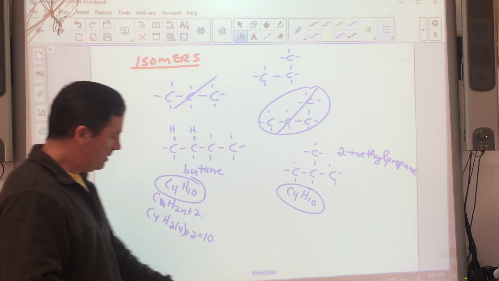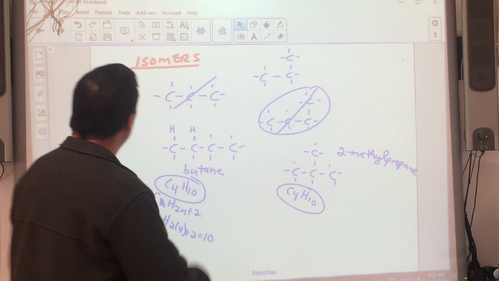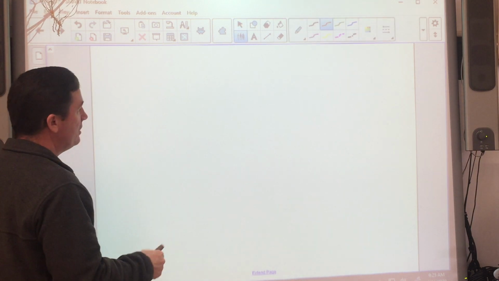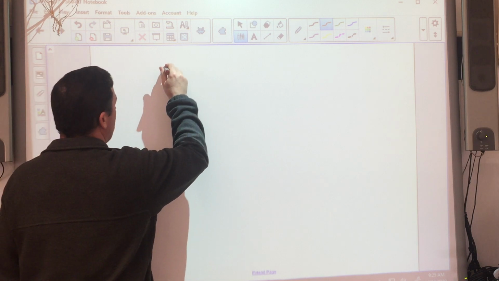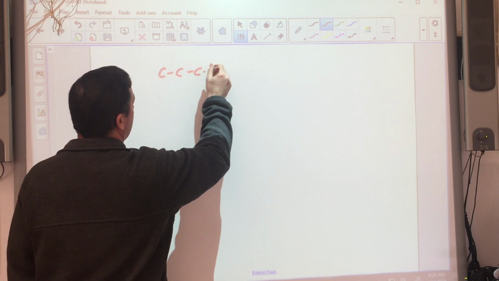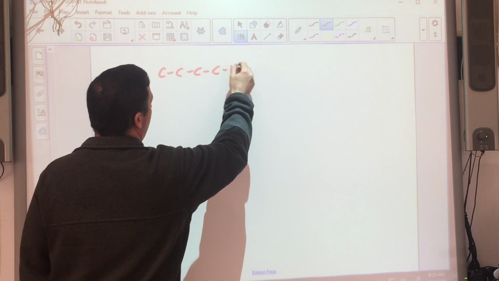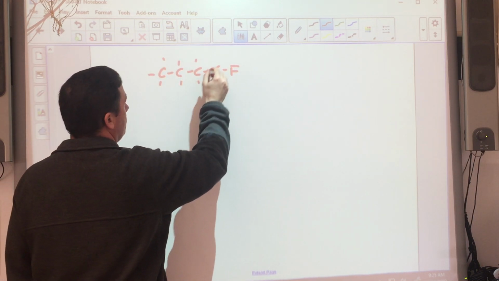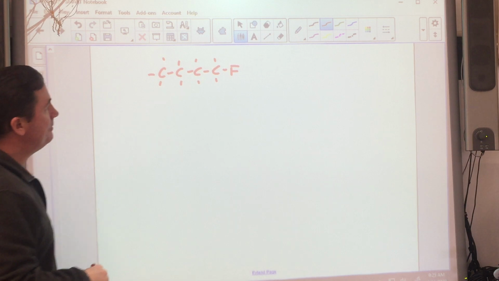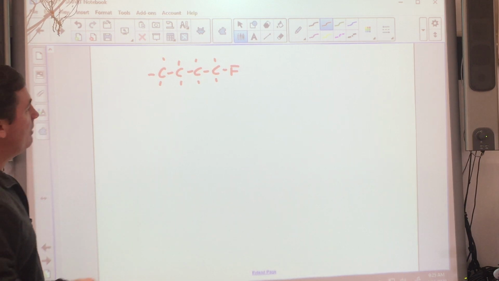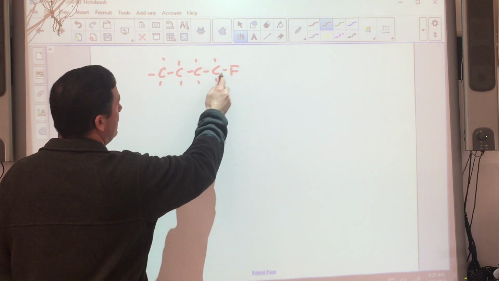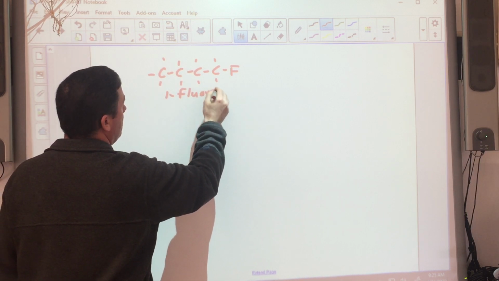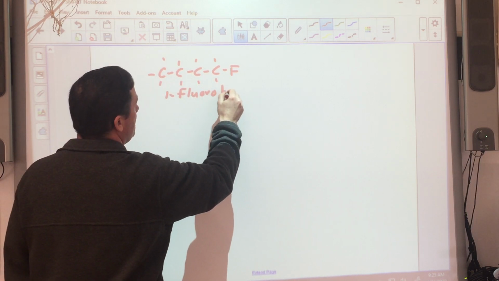Let me show you another example. Let's say, for example, we've got something like this. Hopefully you can name this. This is 1-fluorobutane.